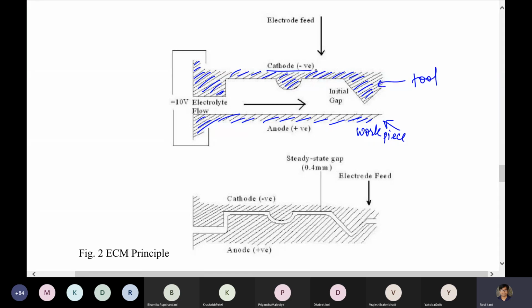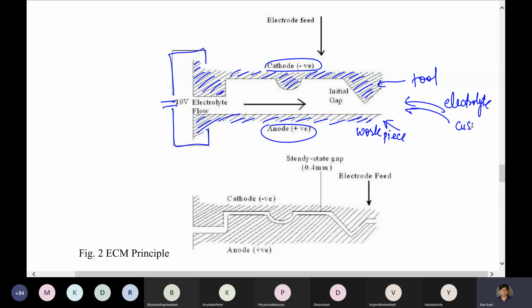So the tool is made up of cathode and anode, just by connecting it through some voltage source. And once we do that, we also have to keep moving our electrolyte.